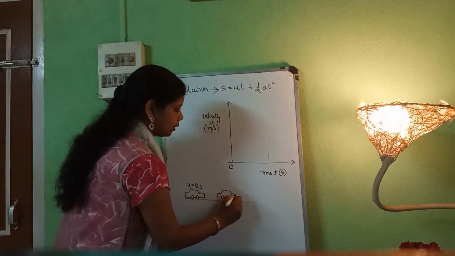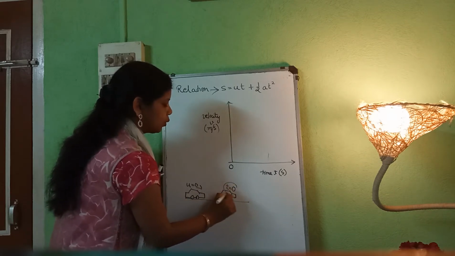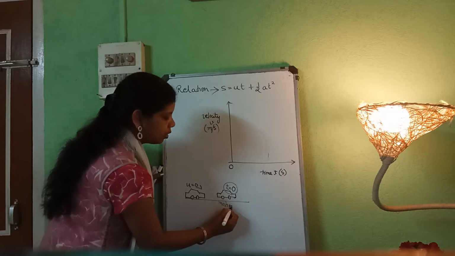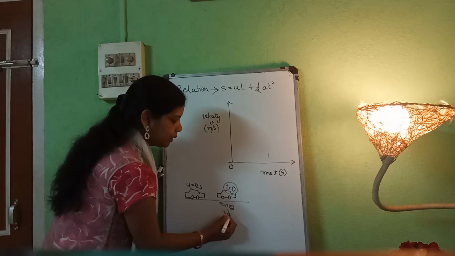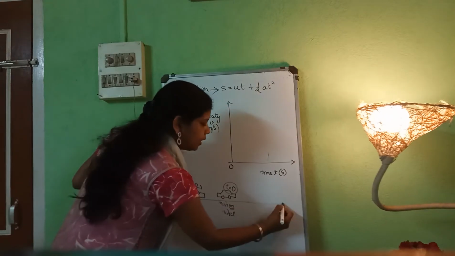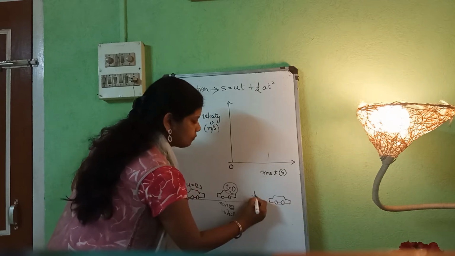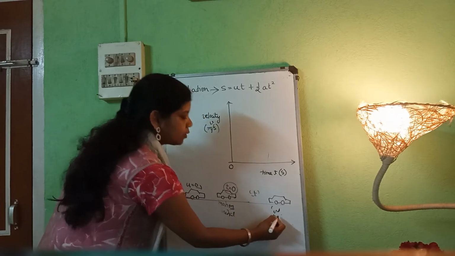Suppose I consider the time here to be 0 now. At this point the vehicle is already in motion, so it has a particular velocity. That one I will consider to be the initial velocity. After it has traveled for a certain time t, it has reached here and the velocity becomes v.